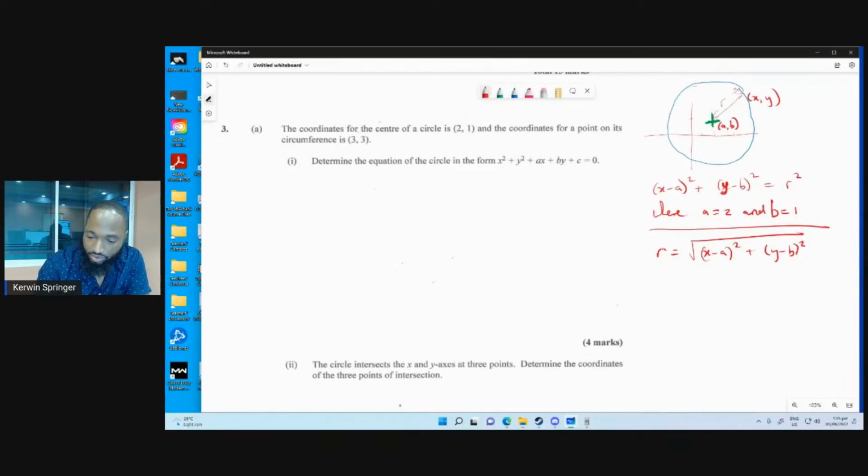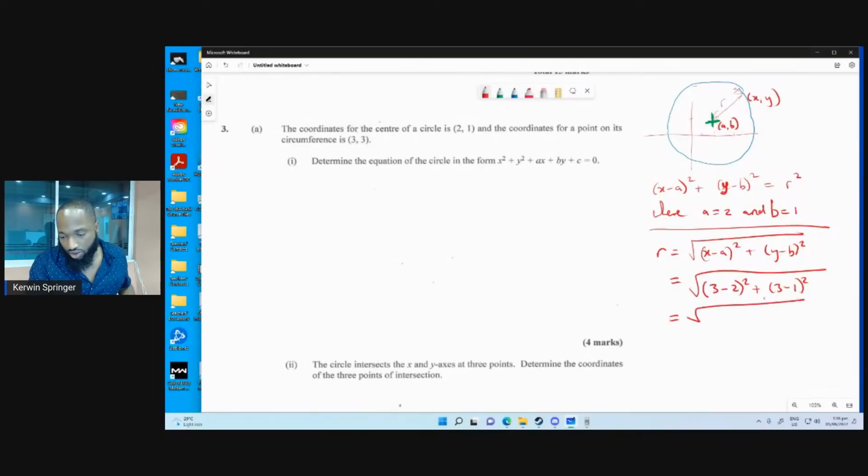Pythagoras theorem, right? Well, r squared is equal to that, so I'll bring across the square root. So this is the square root of (3 minus 2) squared plus (3 minus 1) squared. So this is the square root of 1 squared plus 2 squared, so the square root of 5 units.